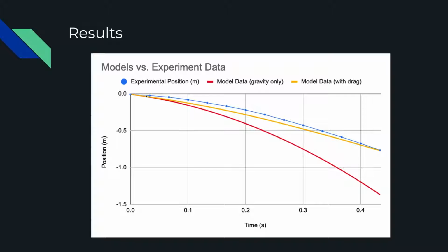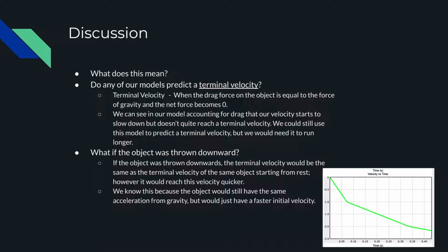In reality, the experimental data was much closer to the model data with drag, because the drag slows down the acceleration and makes less of a slope in the line, as you can see here. So the model with drag and the experimental data are much closer together, and the discrepancies that we see here could be attributed to human error, such as the motion in Tracker, shakiness of the camera, and things like that.